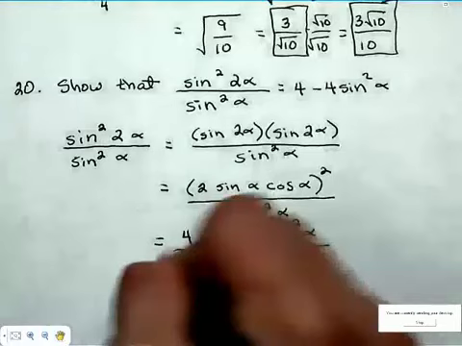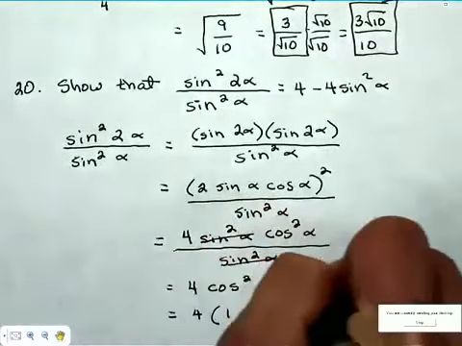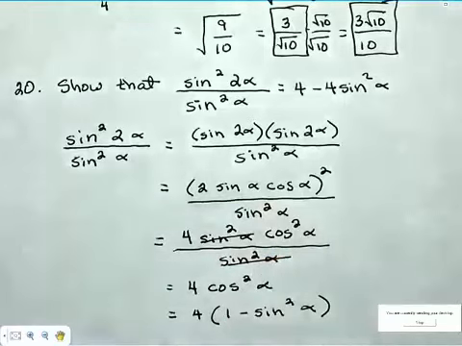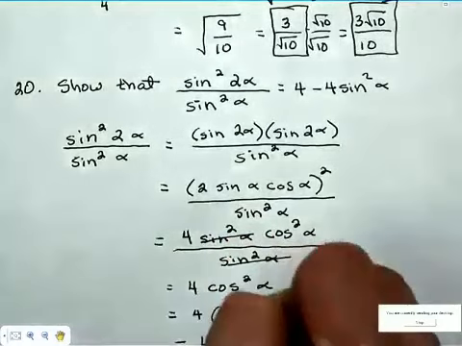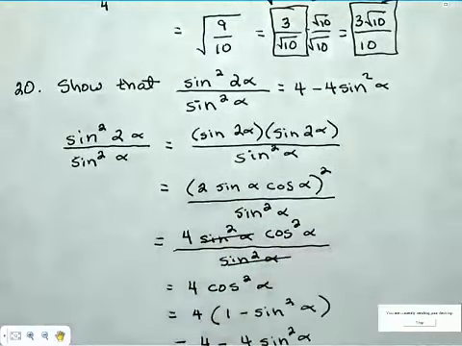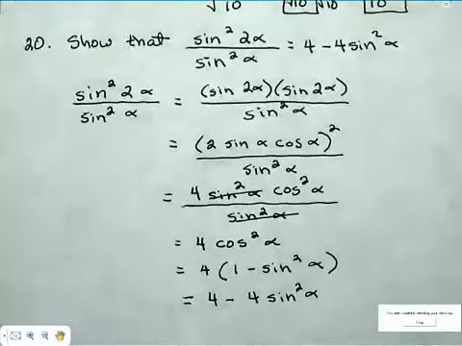You can write cosine square as 1 minus sine square. And when you distribute the 4, you'll have exactly what you wanted. So I don't think that was much harder than anything you've done in a previous section on proofs.